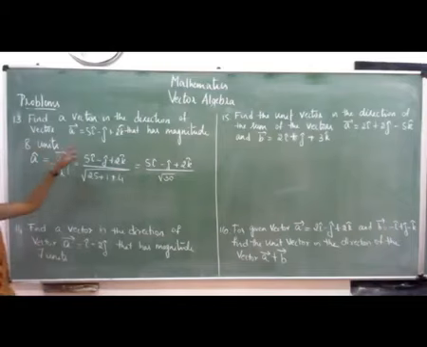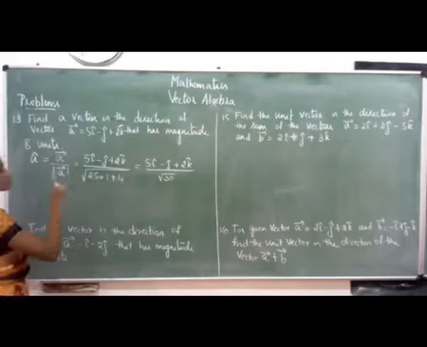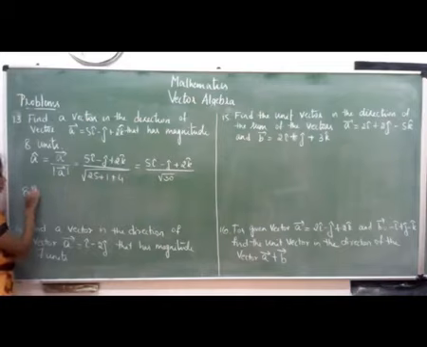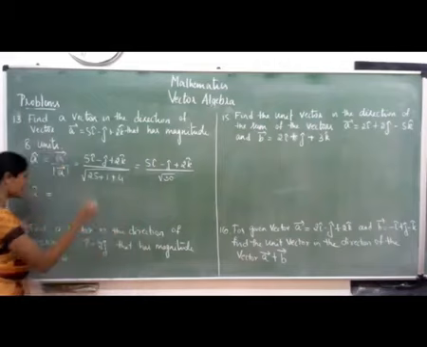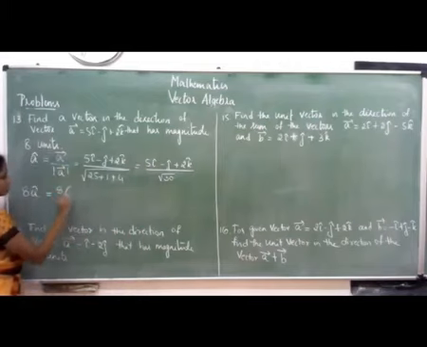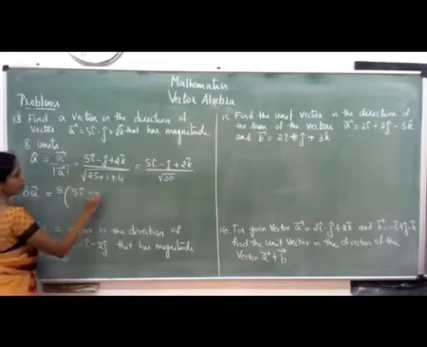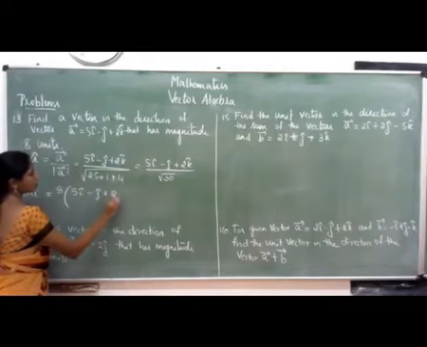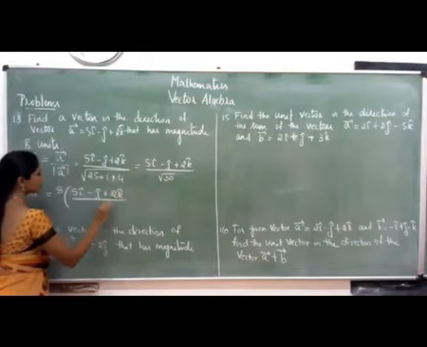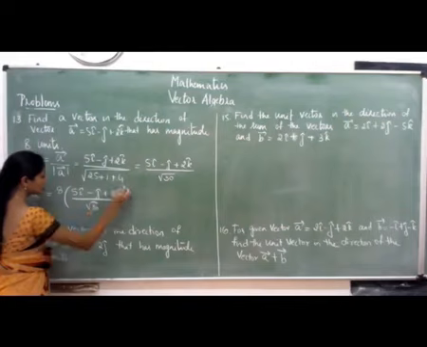Okay, now that has a magnitude of 8 units. This is 1 unit, so if you multiply by 8, you will get 8 units. So 8 into a cap will be equal to 8 times 5i cap minus j cap plus 2k cap divided by root 30.